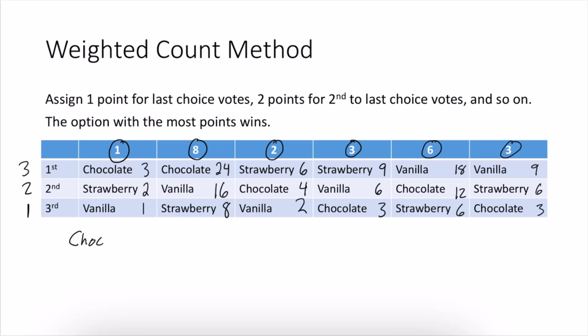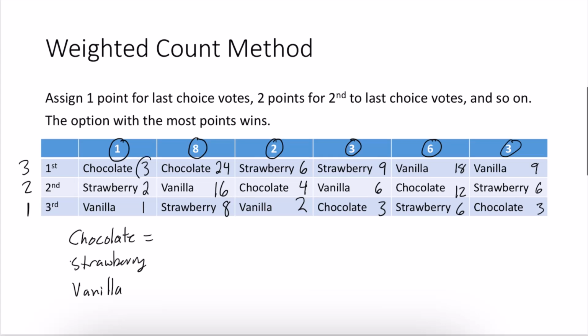So my 3 options were chocolate, strawberry, and vanilla. The chocolate votes are 3 plus 24 plus 4 plus 3 plus 12 plus 3.